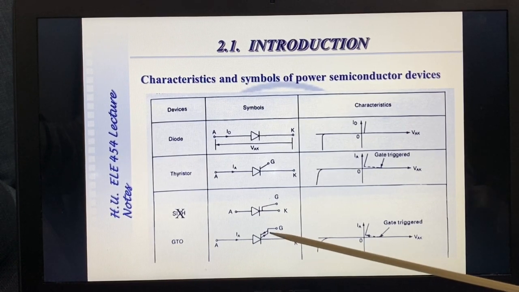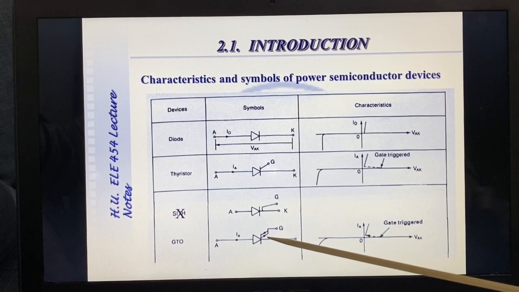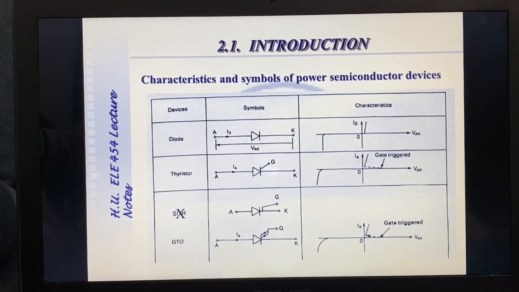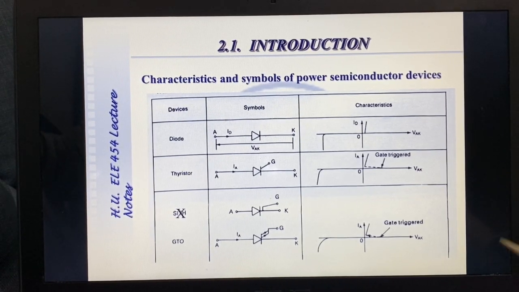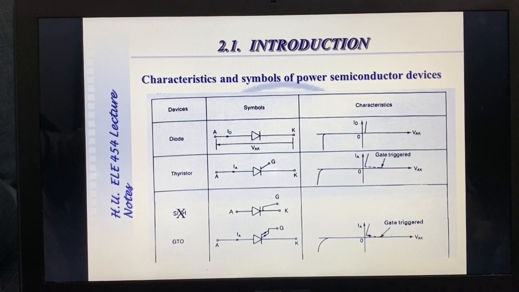Gate turn-off types have a symbol with two bars here, arrows up and down, as you see, to show that it can be turned off via gate current.